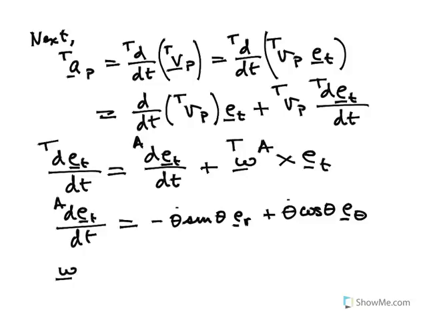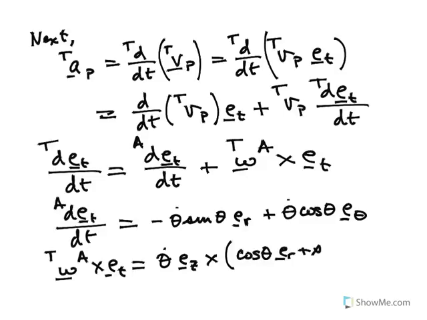The next term in the transport theorem is omega AT crossed with ET, which is equal to theta dot EZ crossed with cosine theta ER plus the sine of theta times E sub theta, which is equal to, well, EZ crossed with ER is E theta, and EZ crossed with E theta is minus ER.